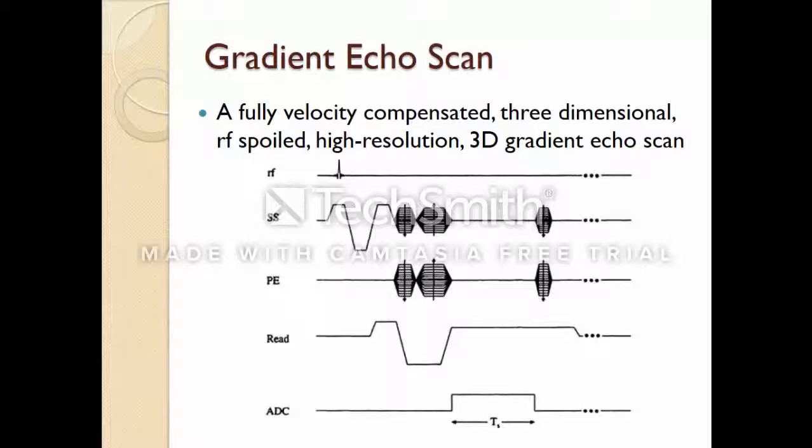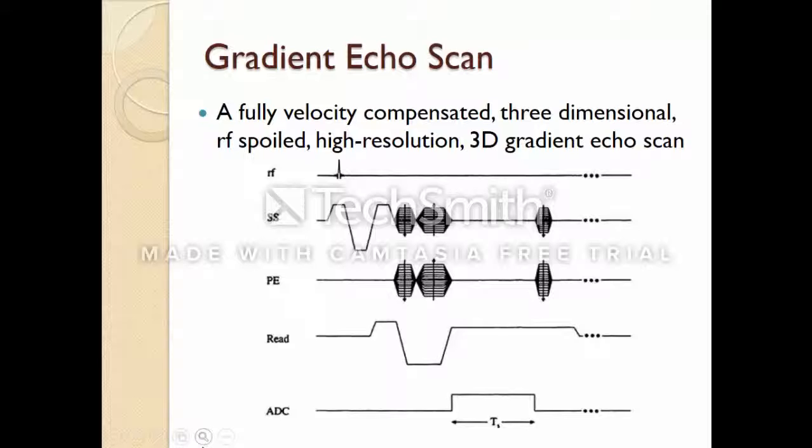The first RF pulse tips the longitudinal magnetization, partially or completely, into the transverse plane, depending on the magnitude of the tip angle. When this longitudinal magnetization is rotated about, for example, the x-axis, it creates a component along the xy plane, and that component is received by a receiver coil.